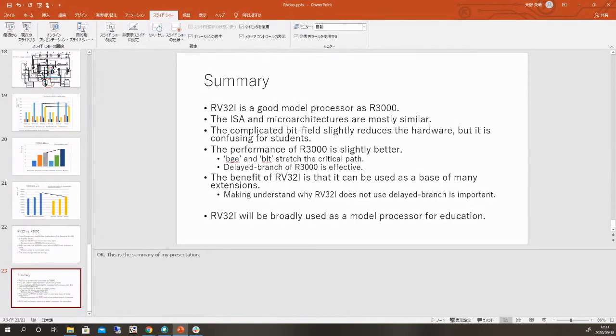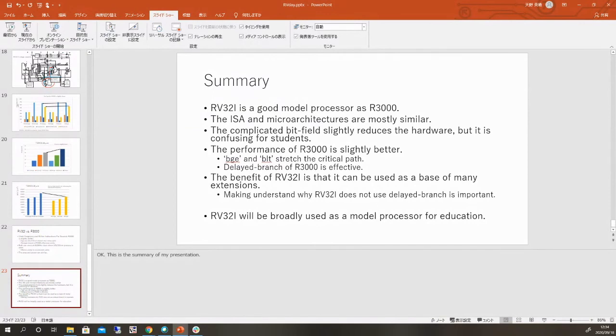The second question is: the design was done by students, so there is a difference in frequency; if it were done by an experienced engineer, then there would be no difference in frequency.